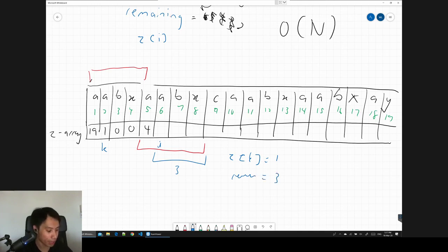Case 2A, I can just put the number 1, increment my I, and make my remaining smaller, increment my K. This becomes 2, this will be 0, increment my K, this will be 0, and then my I will be outside, and begin my computation again.